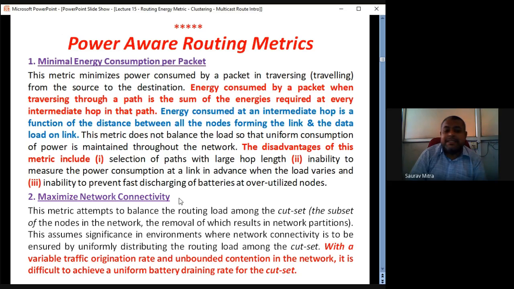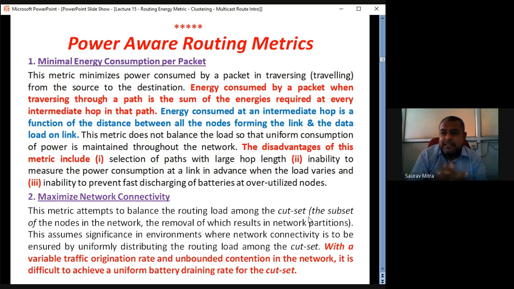Second is maximizing the network connectivity. This metric, meaning measuring characteristic, attempts to balance the routing load among the cut set. That means on the input side there is a set of nodes, and on the output side there is a set of nodes. In the whole network topology, if there are 30 different nodes between transmitter and receiver, you can cluster them.